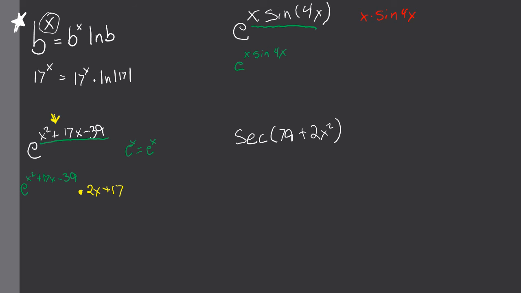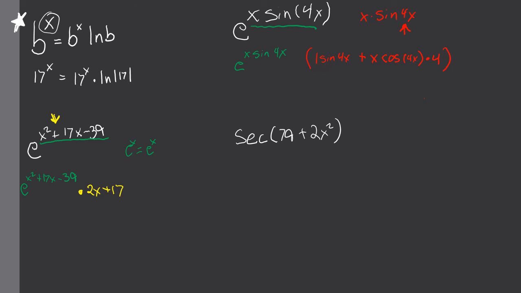And the derivative of this, if we've got the product rule, the derivative of x is 1. And so we leave the second part, sine 4x, alone, plus x, the derivative of sine 4x is we've got cosine 4x, but we can't forget that there's an inner function in here as well, so we multiply that times 4.